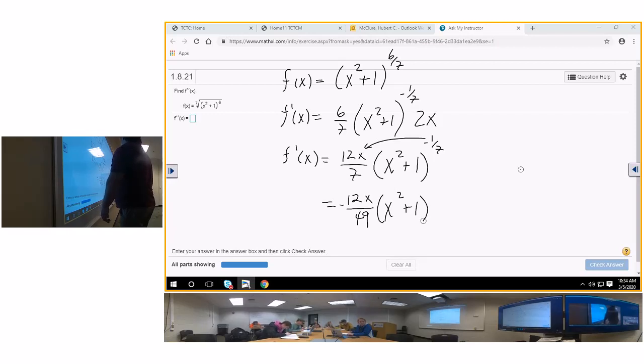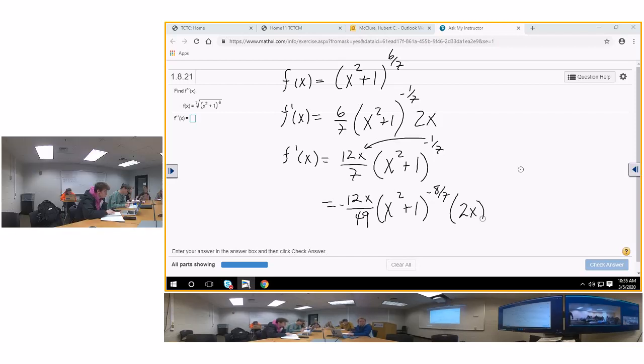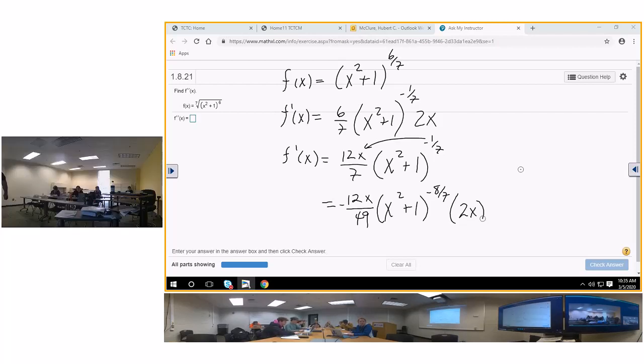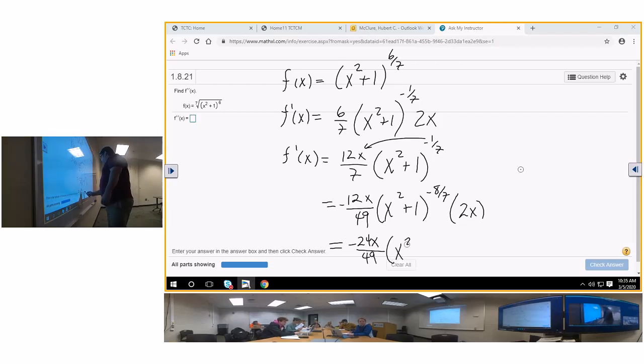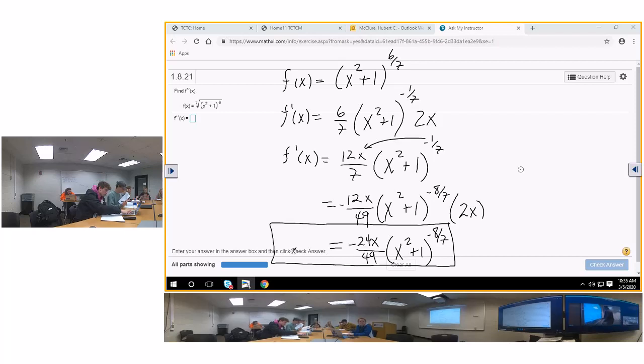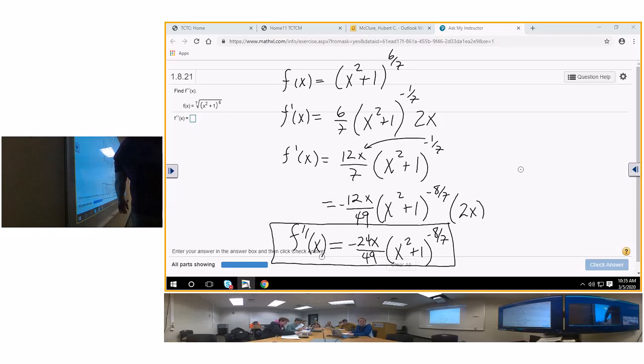No, 8/7. Negative 8/7 times 2x. And that 2x will go over here. And that'll make it negative 24x over 49 times x squared plus 1 to the negative 8/7 power. And that should be f double prime of x.